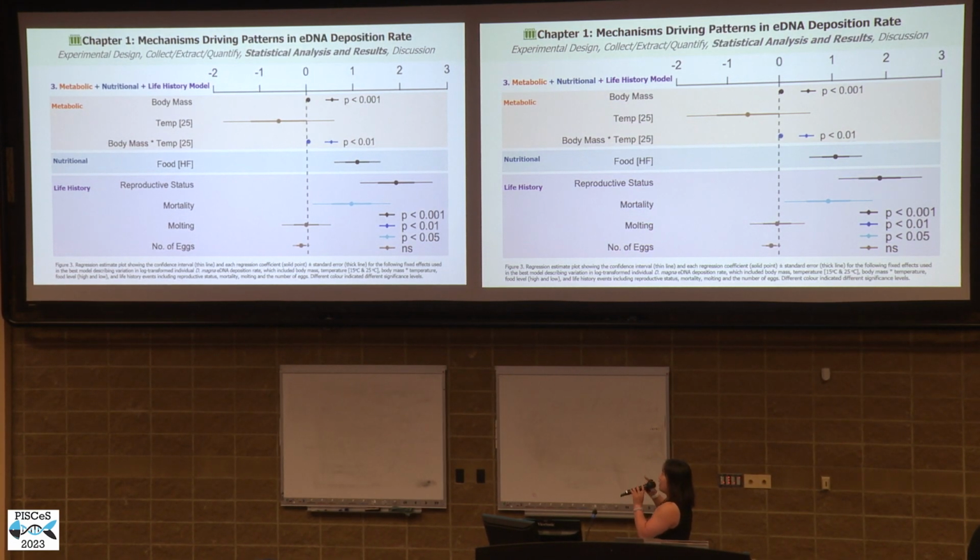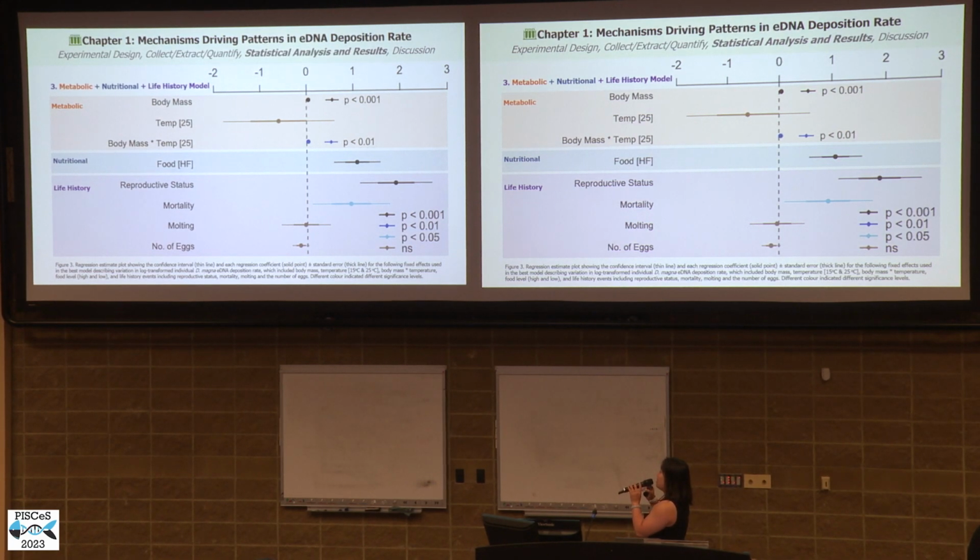But among our life history variables, we see reproductive status played a big role in driving eDNA shedding rate on an individual level, meaning that when individuals are pregnant, they just produce more eDNA. However, the number of eggs on their back didn't actually make a big difference. So it's actually the reproductive state rather than the magnitude of reproduction that matters.